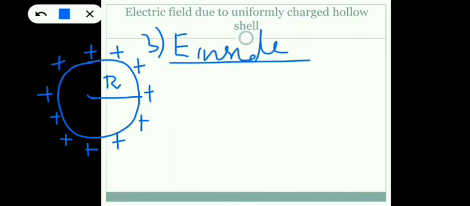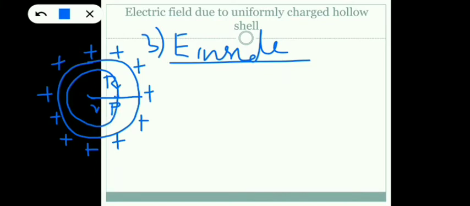Next, let's discuss the electric field intensity inside the shell. So to find out electric field intensity inside the shell, we need to consider a point P inside the shell at a distance small r from the center. And to apply Gauss's law, we need to construct a Gaussian surface inside the shell.